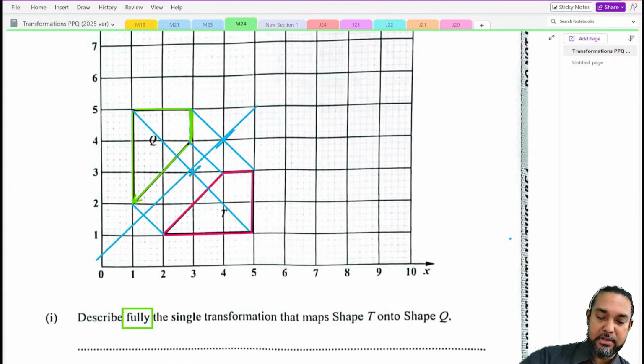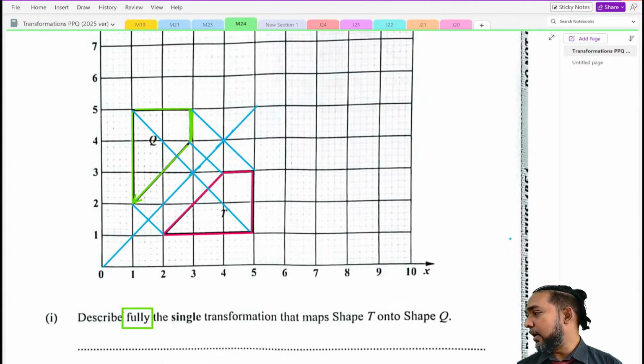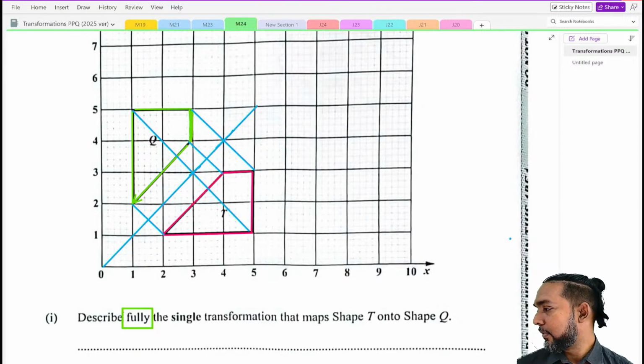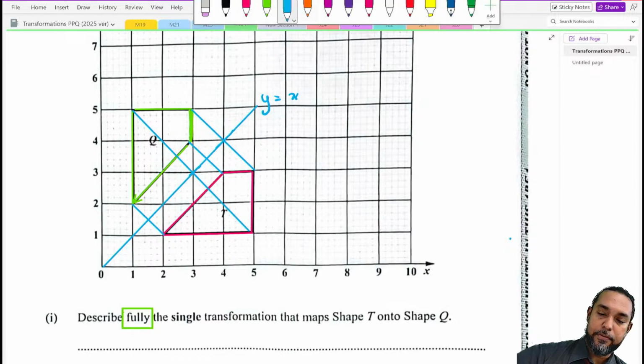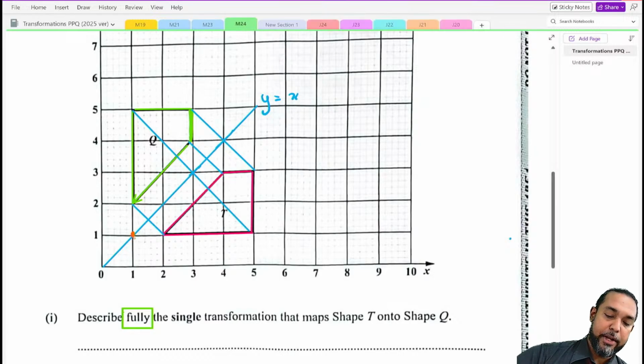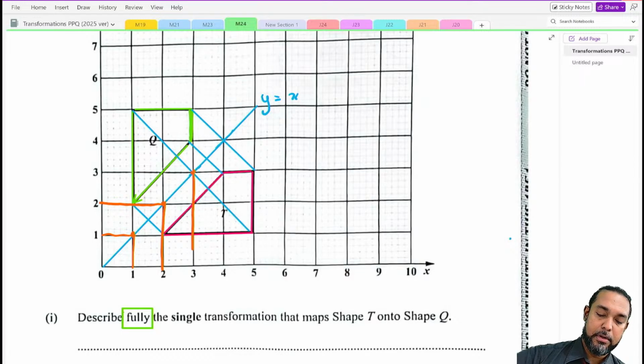Somebody in the chat had put y equal to x. That's correct. So here, this is a reflection in the line y equal to x. How do we know y equal to x? Because if you take any point along the line and read down to the x and across to the y, don't we get the same value? Read down to the x, across to the y. Same value. Same thing here: you get 3 there, you get 3 there.